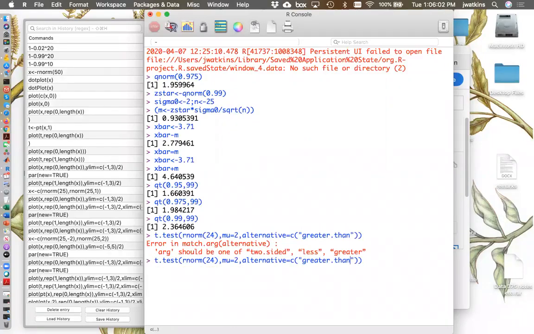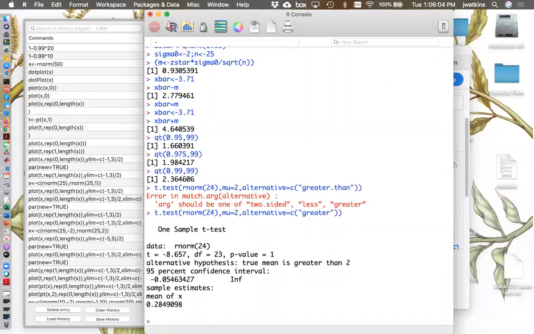Oh, I said mu is 2. So it's going to reject mu equal to 2, but it gives the 95% confidence interval from negative 0.05 up to infinity. And the mean was 2.85, but that's too bad.